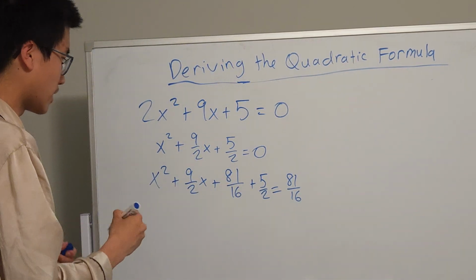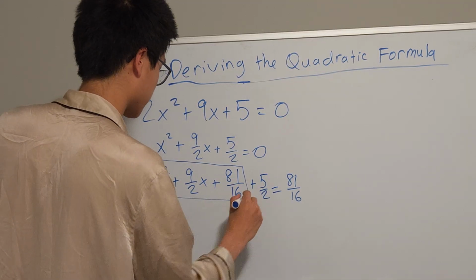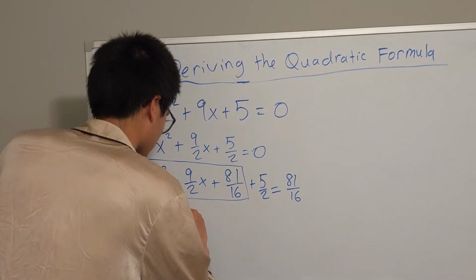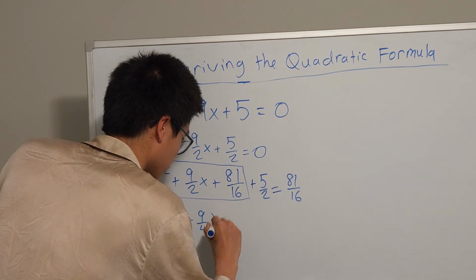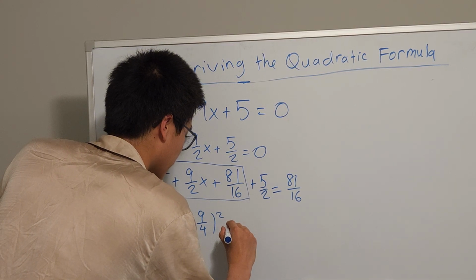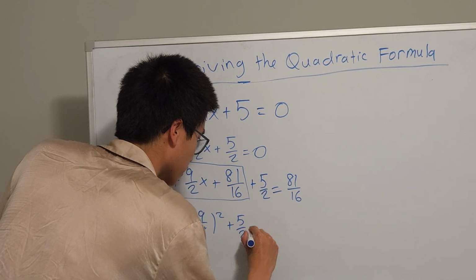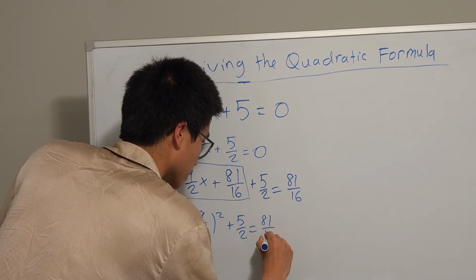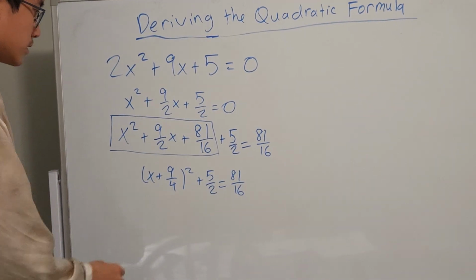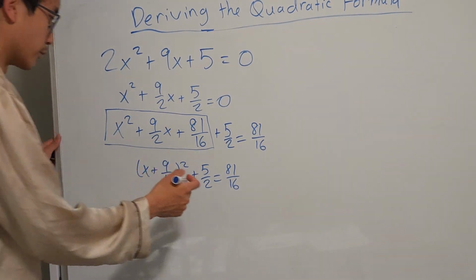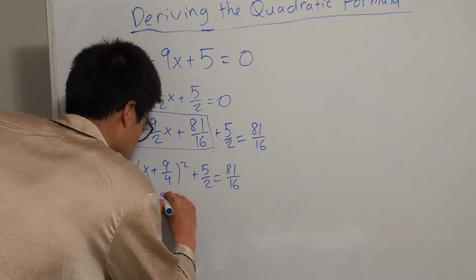Okay. So now you notice that this should be a perfect square. And this factors as x plus 9 over 4 squared, plus 5 over 2. Okay, so we'll move 5 over 2 to isolate x.